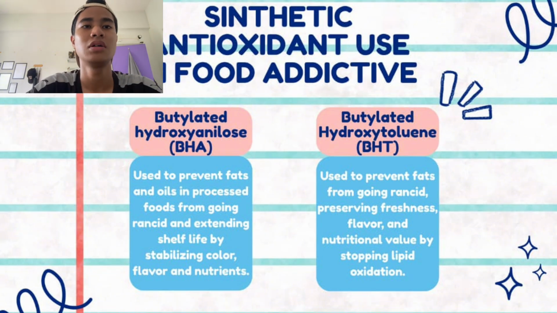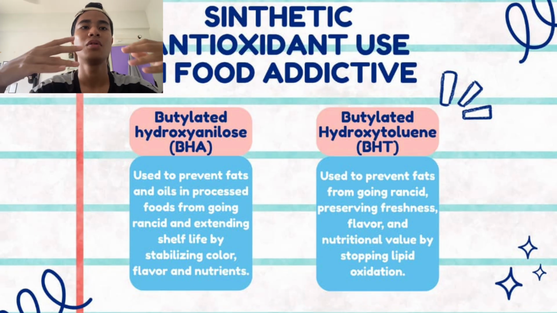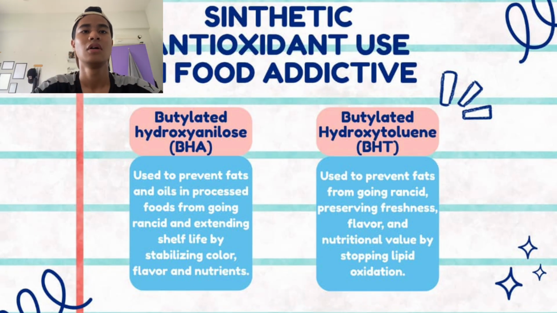BHT is used to prevent fat from going rancid, preserving freshness, flavor, and nutrient values by stopping lipid oxidation. The difference between BHA and BHT is the physical form: BHA is a waxy solid, and BHT is a white powder.